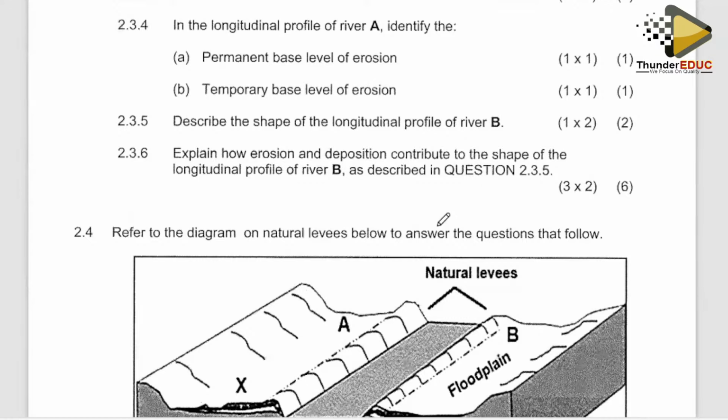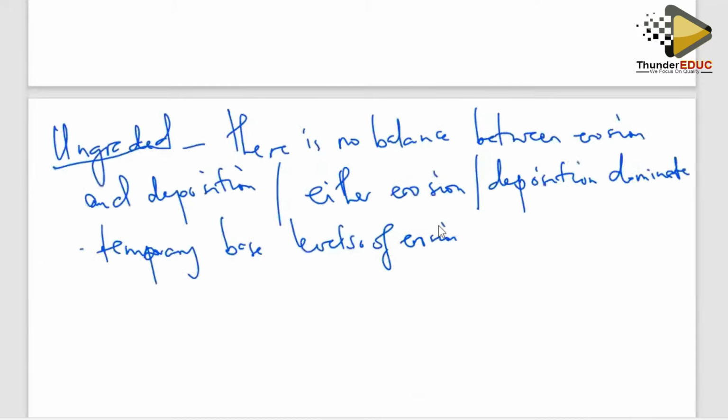Right. Explain how erosion and deposition contribute to the shape of the longitudinal profile of river B as described. How do erosion and deposition in combined effort lead to achievement of a grade? Right. What you're saying here is, I will try to make an illustration to get the sense.